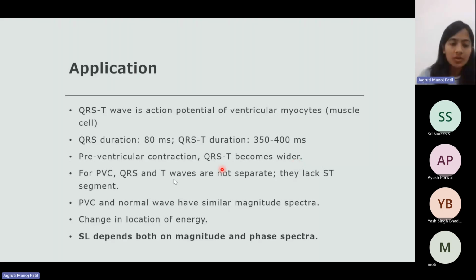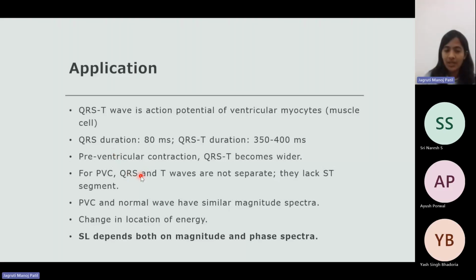Going into this preventricular contraction, we saw that when this kind of contraction occurs, the QRS and T waves are not separate, so they lack the ST segment. So it's very challenging to differentiate the QRS complex from the ST segment. Then we saw that this and the normal wave will have a similar magnitude spectra.